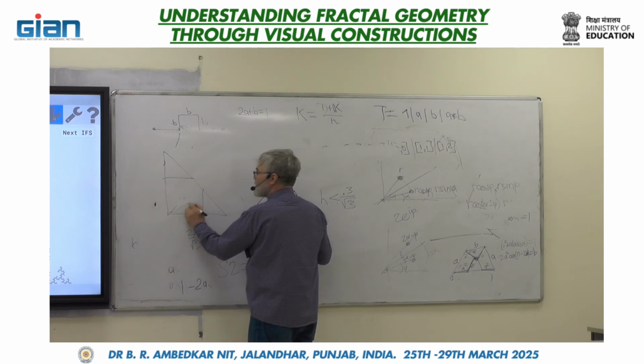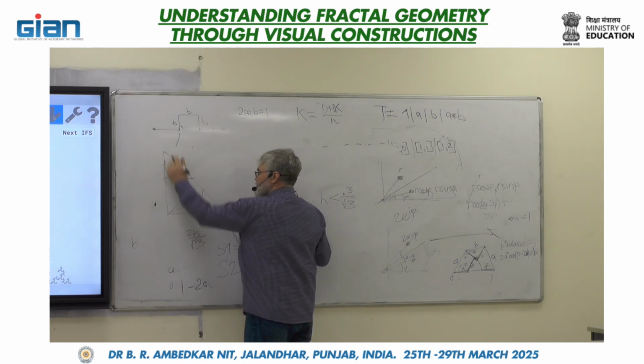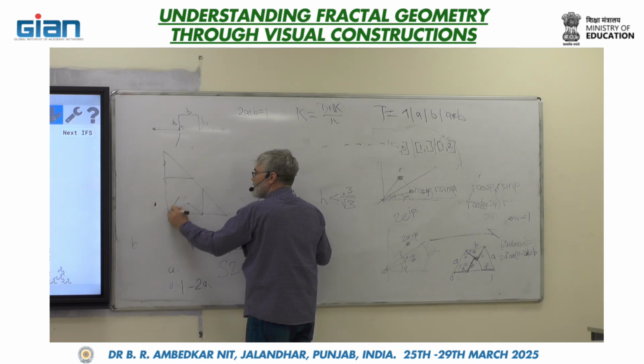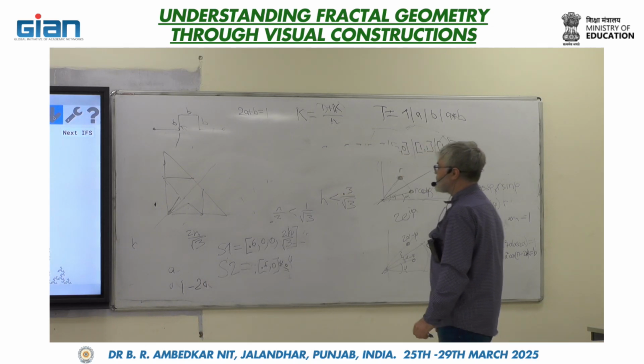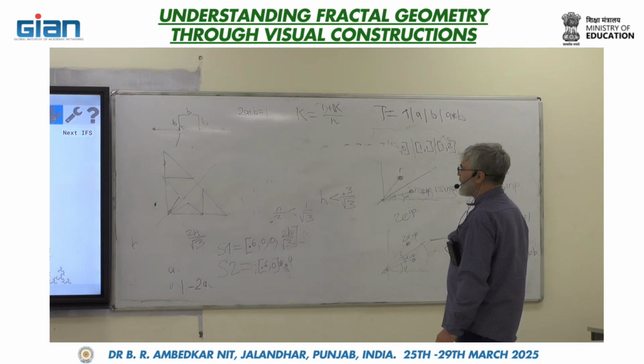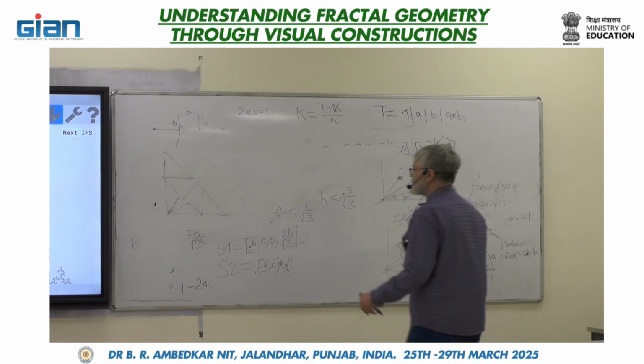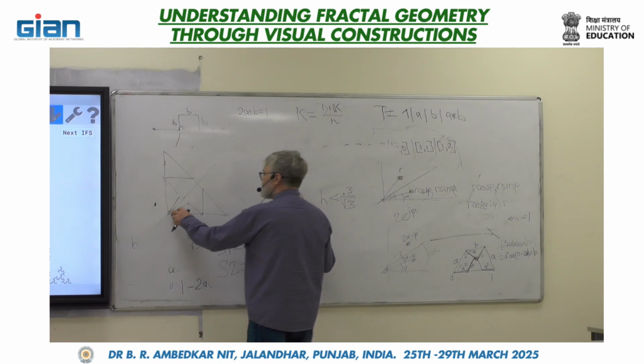You have a map which sends this triangle to this one, and then you have a reflection in this diagonal. So can we write this map?